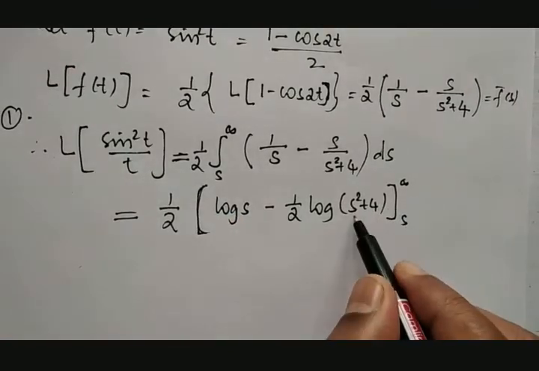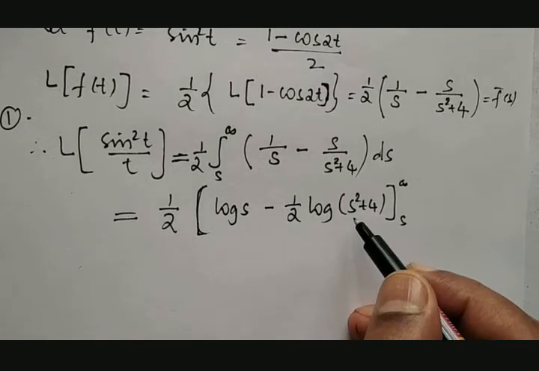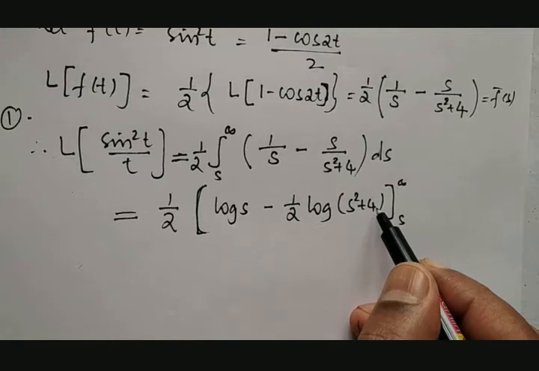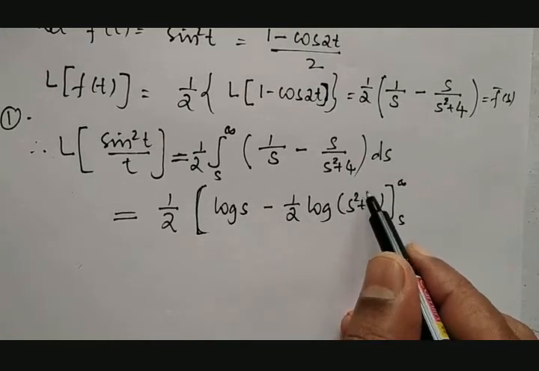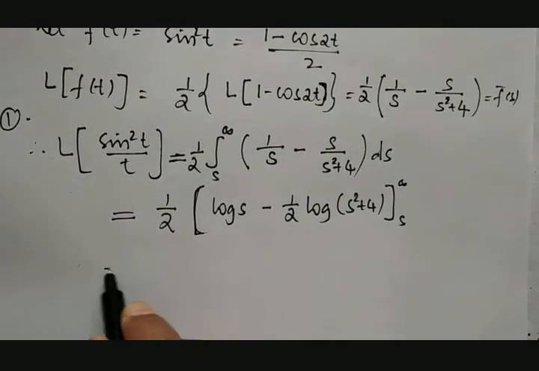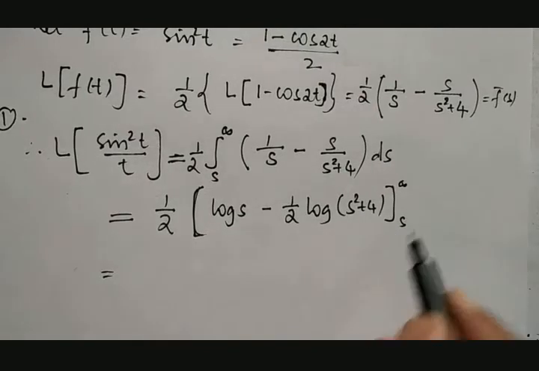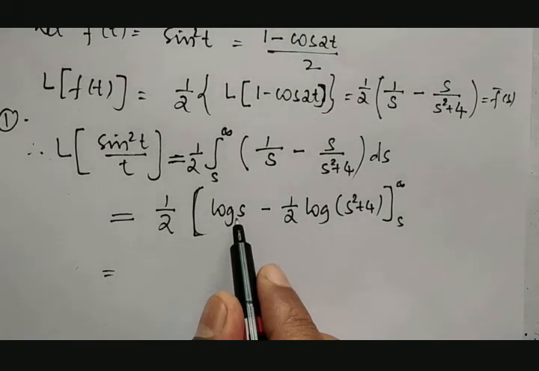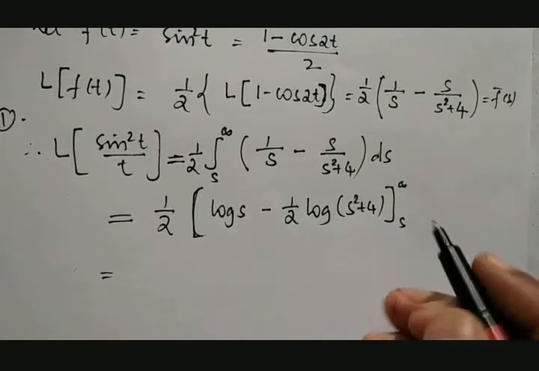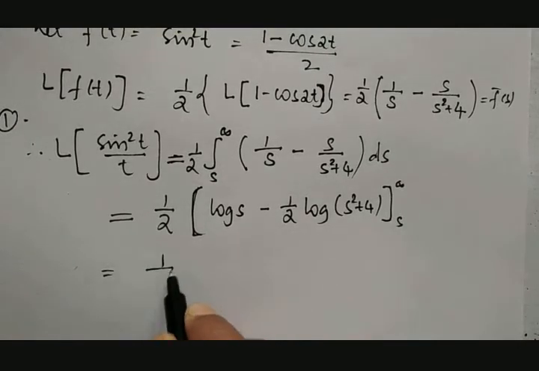If you have any doubt in this one, just cross verify. If you differentiate this, then we'll be getting 1 divided by s square plus 4 into 2s. The 2 gets cancelled, then it becomes s divided by s square plus 4. Correct. Then when we apply the upper limit in place of s, we'll be getting log infinity minus log infinity. So we'll apply the logarithm property on both sides, then check.